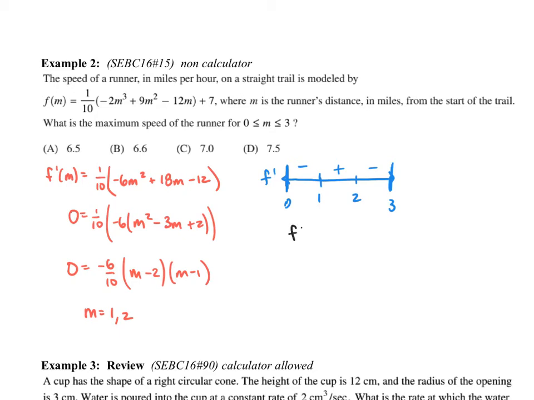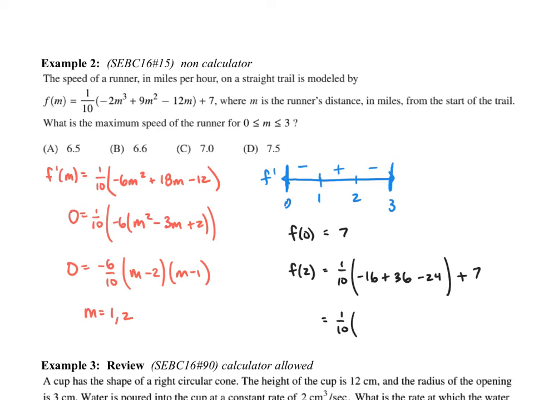In other words, we're testing f of 0 and we're testing f of 2. Those are the only two possibilities out of all of our critical points and our endpoints for which we could actually have an absolute maximum. So at 0, it's pretty easy. We get 7. That's a pretty simple calculation. At 2, we have 1/10 times 2 cubed, which is 8 times negative 2, so negative 16, plus 9 times 2 squared, that's 36, minus 12 times 2, so minus 24, and then we're adding 7.